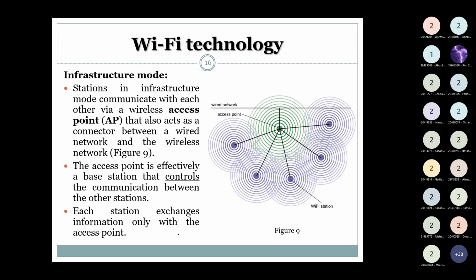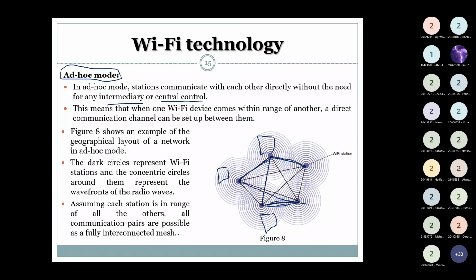Okay, let's move now to the infrastructure mode. But first, give me some examples of the ad hoc mode. MANETs are an example of the ad hoc mode, the mobile ad hoc networks.